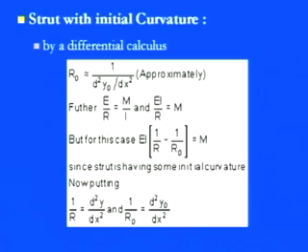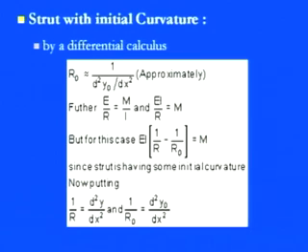With that consideration, here we have EI into (1 by R minus 1 by R0) equals M. Since the strut has some initial curvature, as we have considered here, now we need to put 1 by R, which is d2y by dx square, and 1 by R0, which is d2y0 by dx square.